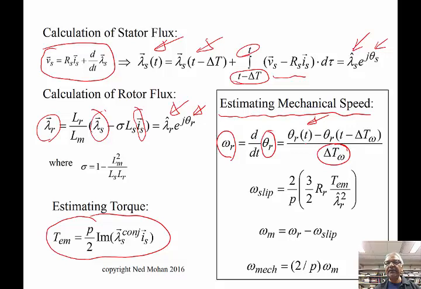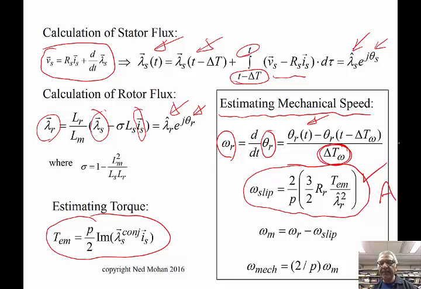It's equal to theta sub r at time t minus theta sub r at the previous time, divided by that time interval. And omega slip is the rotation of the rotor flux linkage space vector with respect to the rotor a-axis, and that is given by this expression.